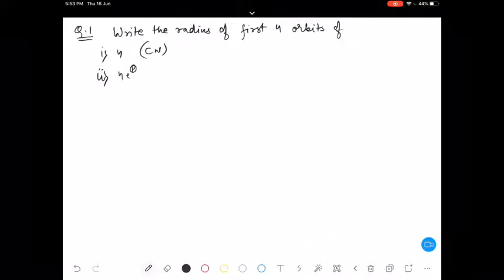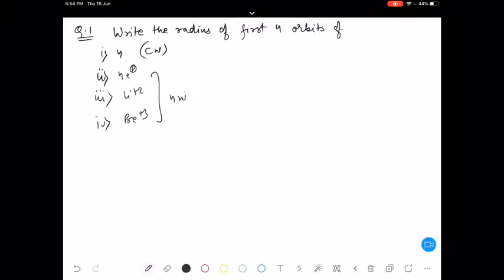Second, helium positive. Third one, lithium dipositive. Fourth one, beryllium tripositive. That will be your homework.